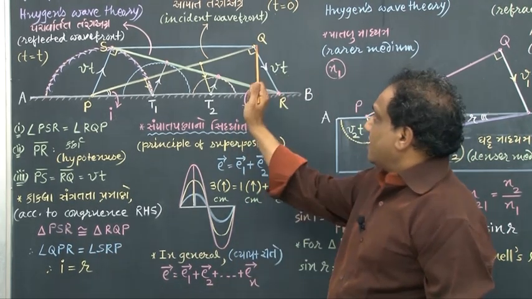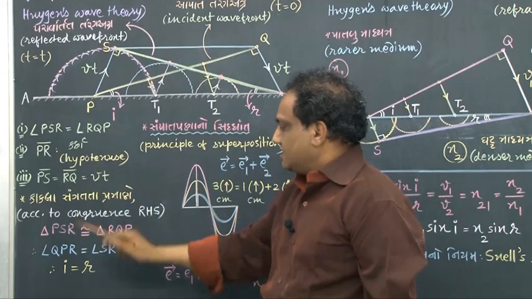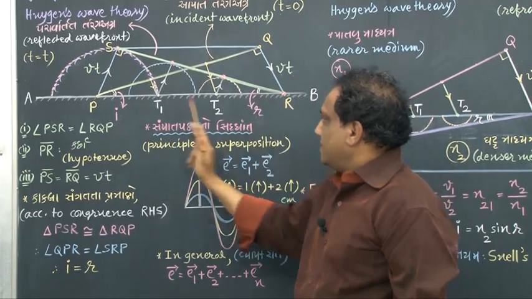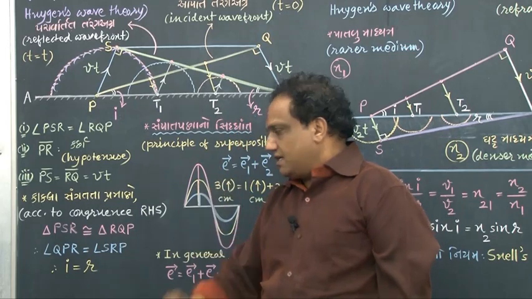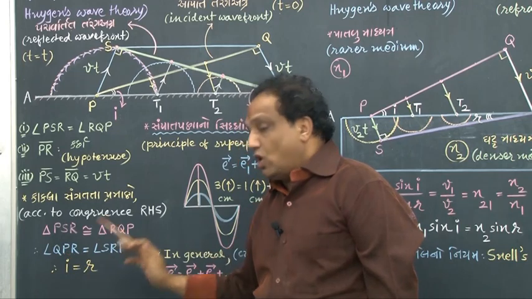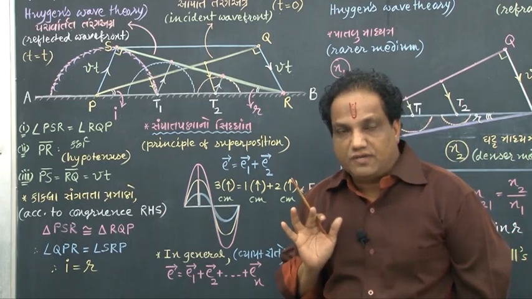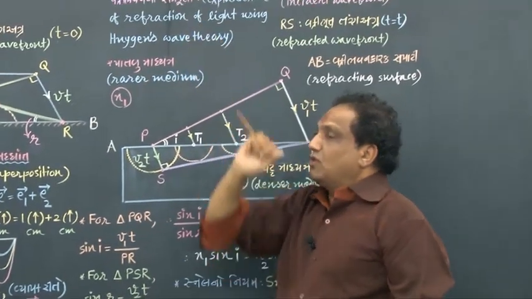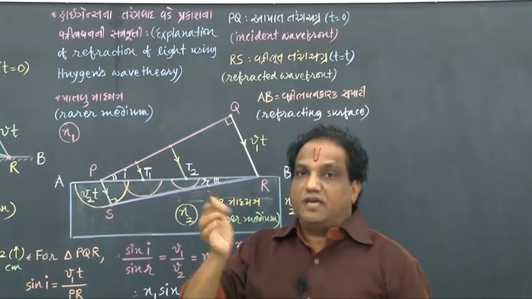But what is angle QPR? Angle QPR is the angle of incidence, that is i. What is angle SRP? It is this angle, which is small r. So we have proved that the angle of incidence is equal to the angle of reflection. This is nothing but the law of reflection, which we have proved here using Huygens wave theory. Let us now prove another important result, that is the law of refraction, called Snell's law, using Huygens wave theory.